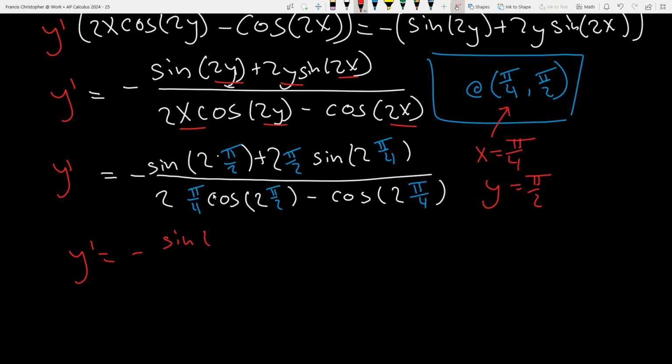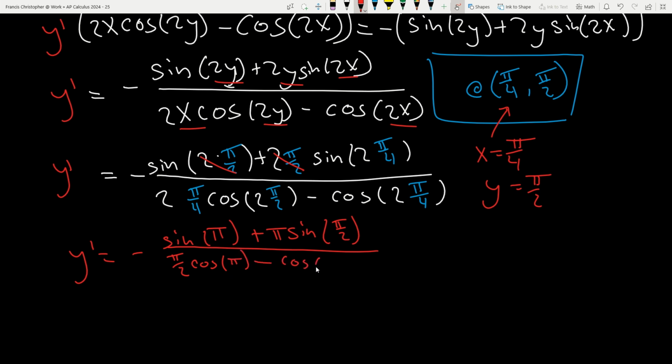So sine, these will cancel, so this is sine of pi plus these will cancel, so pi sine of, this is 1/2 pi, so pi over 2, and then 2 pi halves, because 1/2 pi, cosine of pi minus cosine of pi over 2.